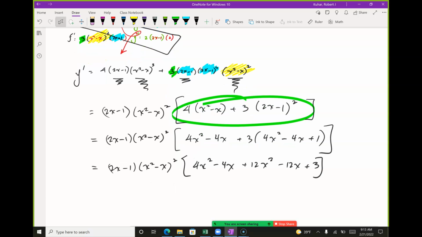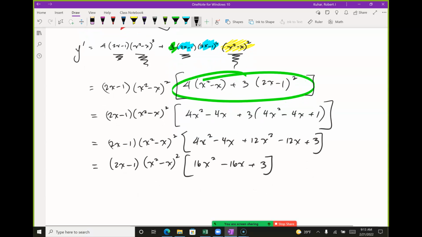So you're really not copying me here, right? You're just racing me. And it turns out that this one does factor, right? 3 times 16 is what? 48.